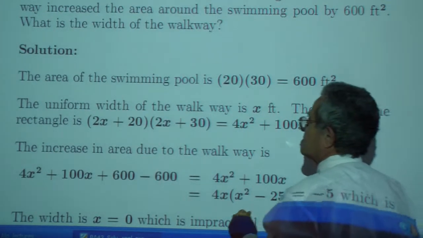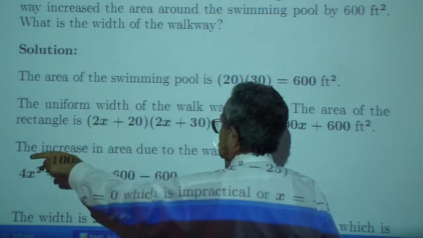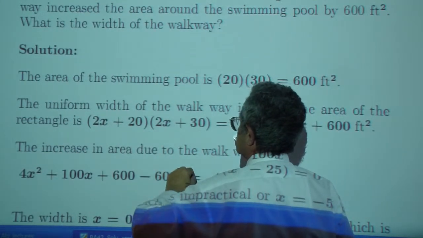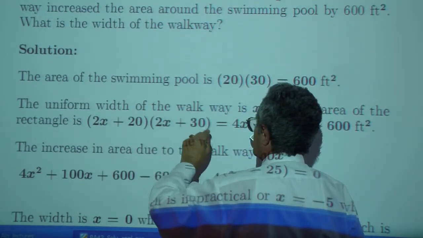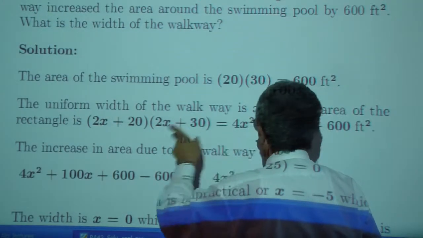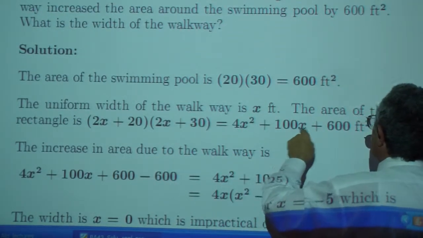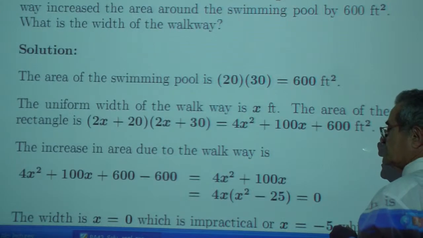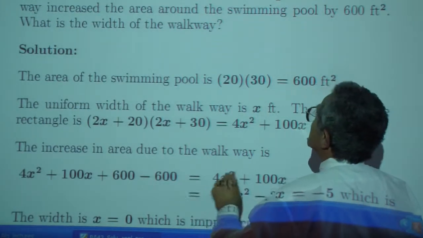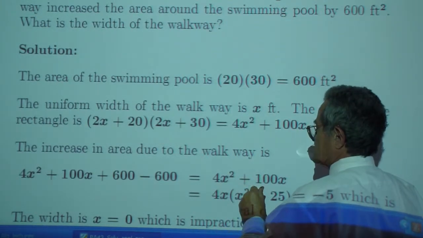The area of the rectangle is x on one side, x on the other side plus 20, x on one side, x on the other side plus 30. Distribute: 4x squared plus 100x plus 600. That is the increase.